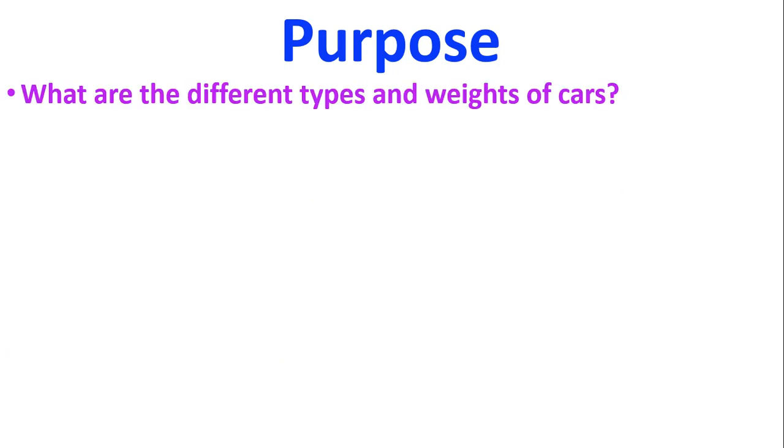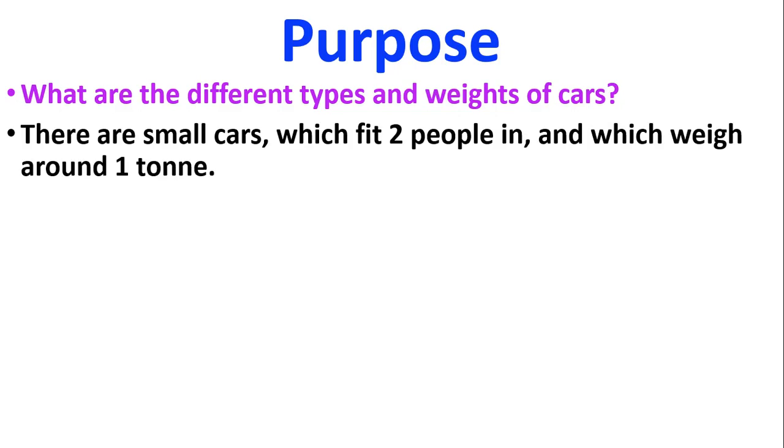If I take one of these ideas, the different types and weights of cars, I want to go and do a bit of research, and I might look up small cars. I know I can get really tiny two-seater cars, and some are just under a tonne, some are just over a tonne, but they're around about 1 tonne.